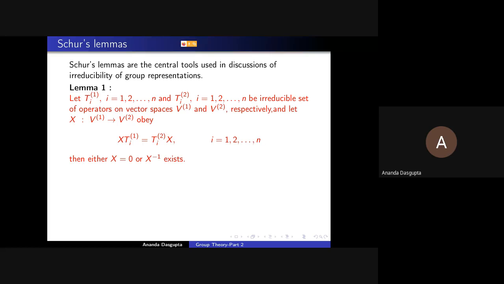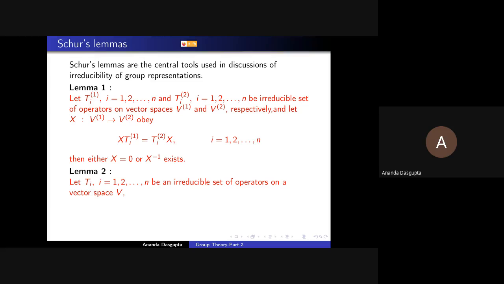The term operator is usually reserved for linear maps between a space and itself. Just to clarify, in lemma 1, we are not saying that there are definitely two vector spaces, but there could be. V1 and V2 could be the same, they could also be different as far as lemma 1 is concerned.